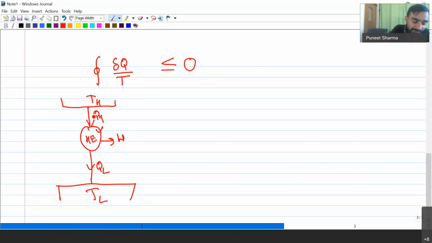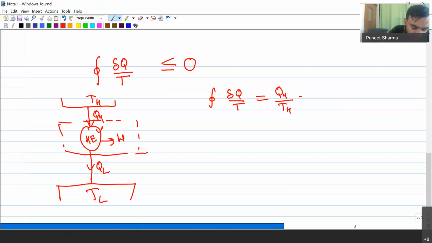Okay, so if I consider this heat engine cycle as my system, and calculate the cyclic integral del Q by T, that will be nothing but QH divided by TH, since heat QH is coming at temperature TH, and QL amount of heat is being rejected, so I have to write minus QL divided by TL.